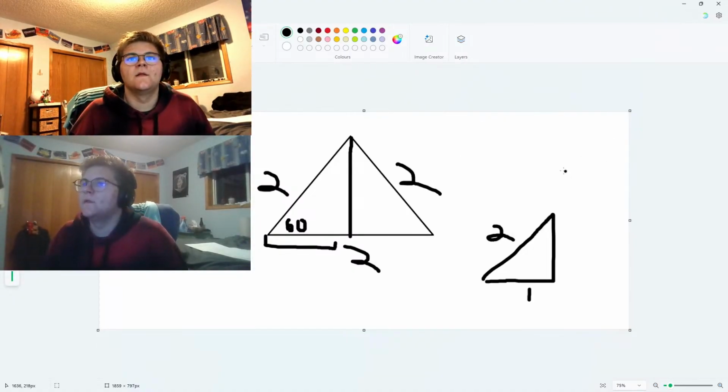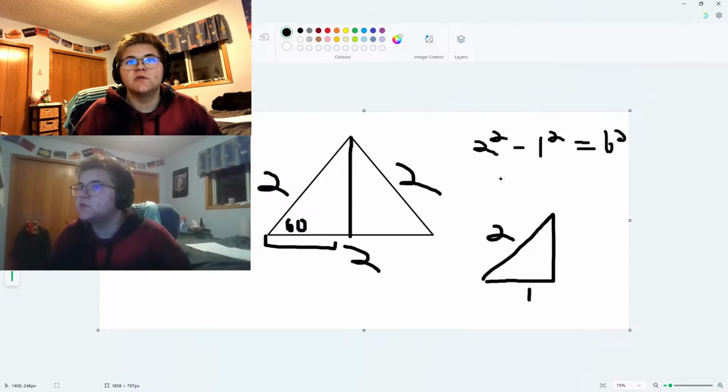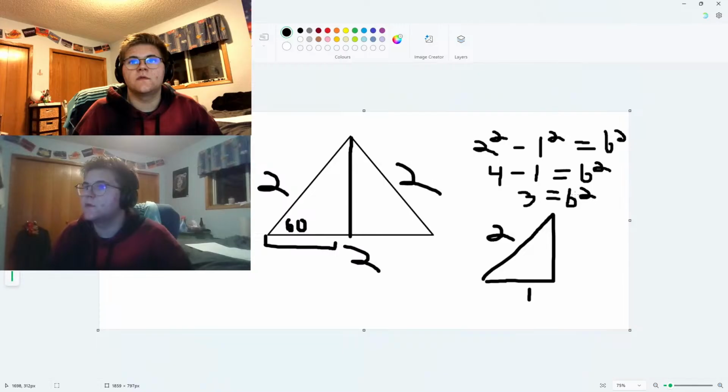So, for c squared minus 1 squared equals b squared. 2 times 2 is 4 minus 1, which is equal to b squared. 3 equals b squared.